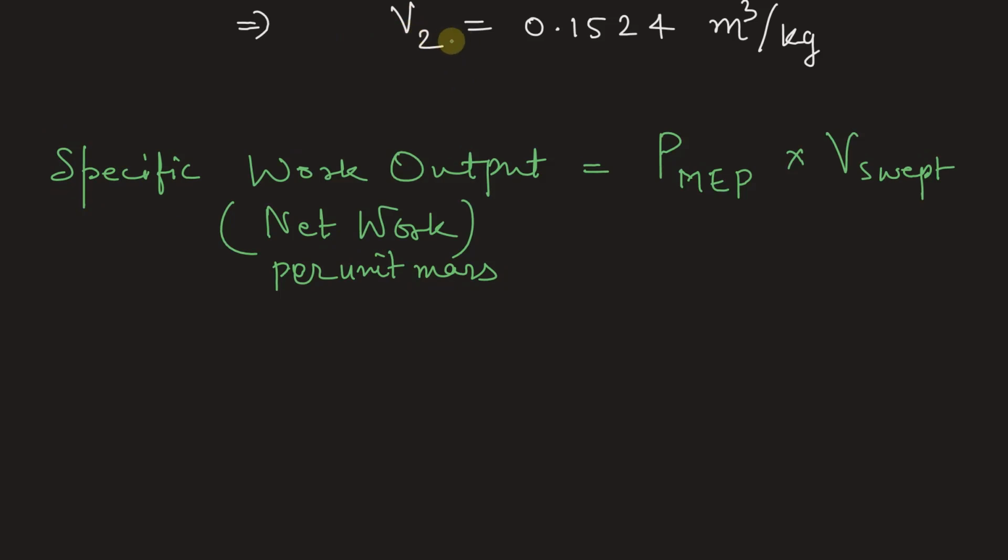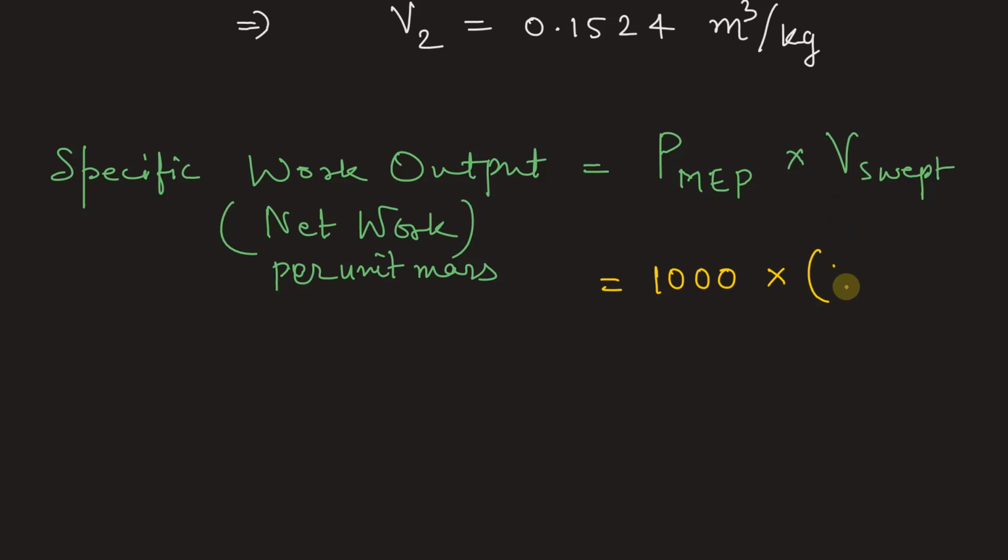So here V1 and V2 can also be referred as specific volume because it is calculated volume per unit mass. So this will be equal to the value of mean effective pressure, that is 1000 kilopascal, multiplied by the swept volume.